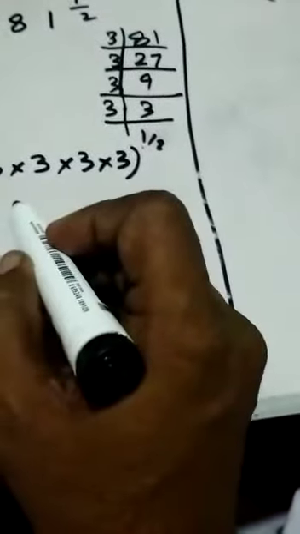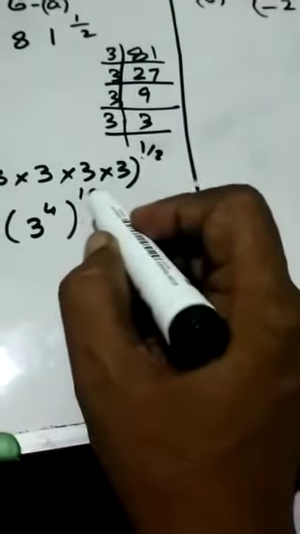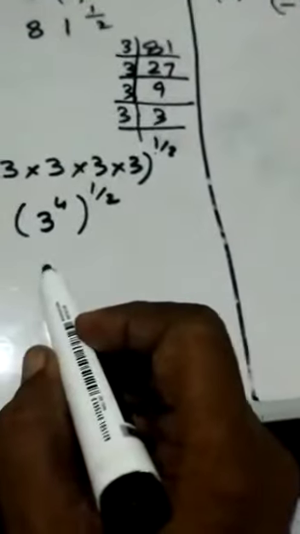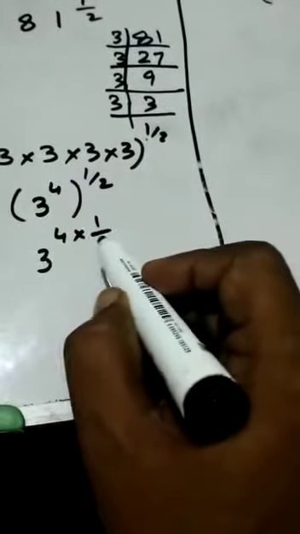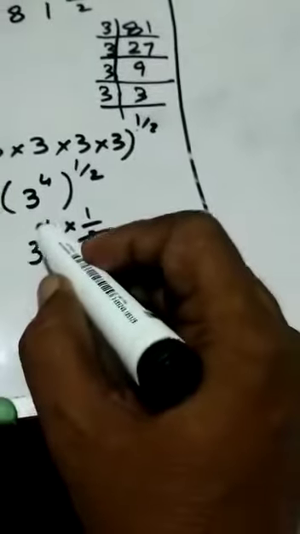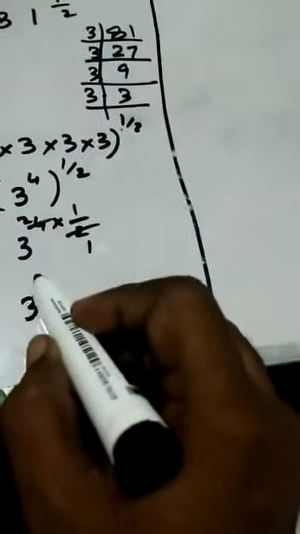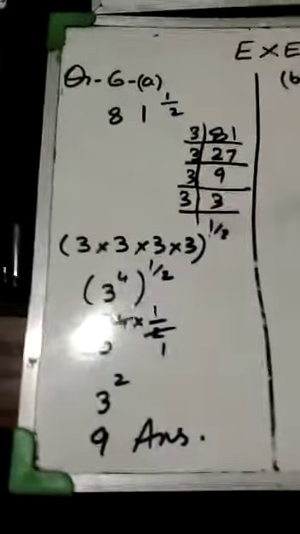After this we have to make it 3 to the power 4, and half is outside. Now 3 to the power 4 means 4 multiplied by half. When we cancel these, we will get 2 over here. 3 to the power 2 means 9, so 9 is going to be its answer.